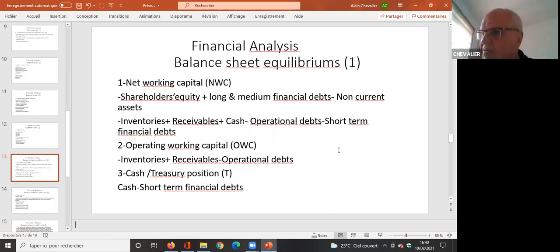What do you understand when you make a financial analysis of a supermarket or hypermarket? You understand that inventories, in fact, are very, very low.